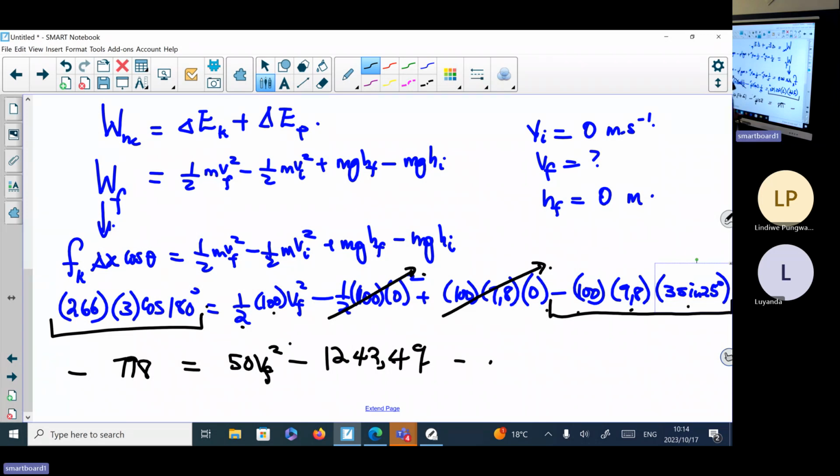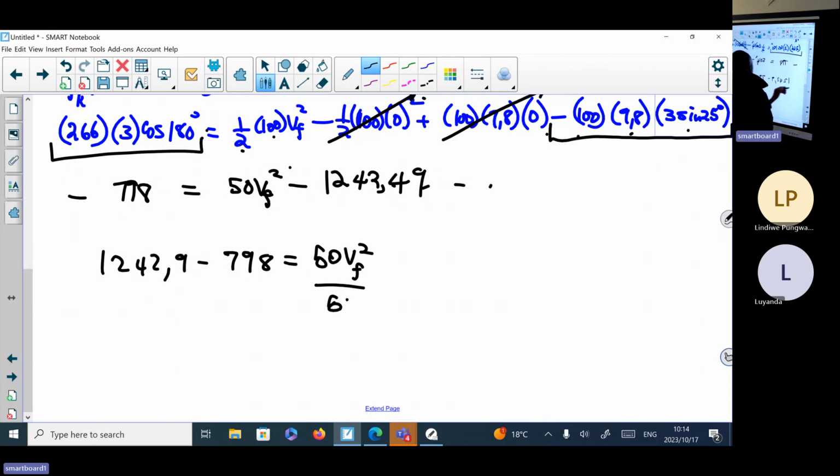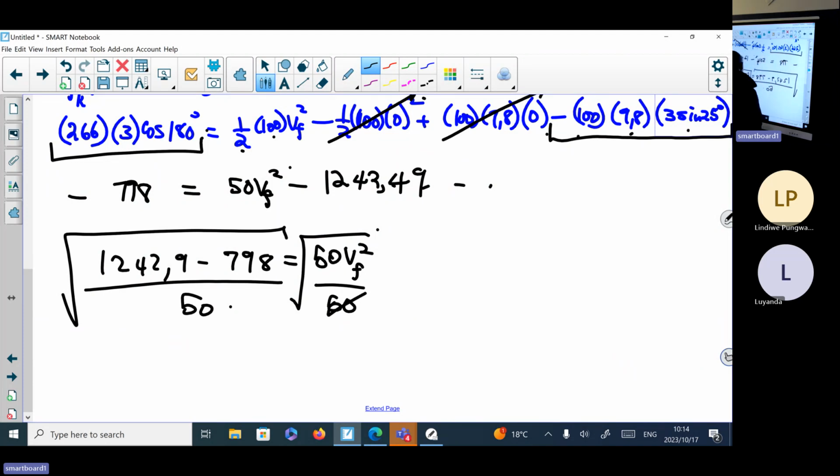Then we divide both sides by 50, and we take the square root. So that this cancels the other 50. That becomes a deficit. What's the answer?